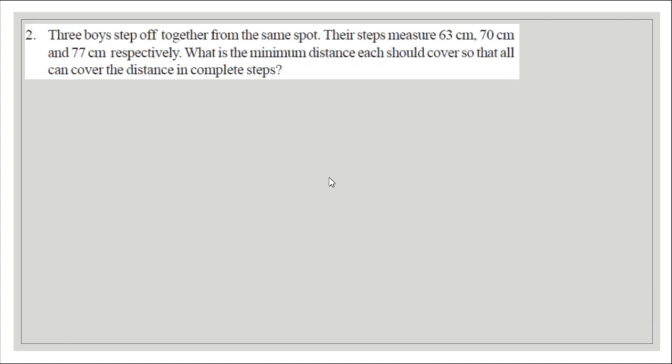Let's see the second question. 3 boys step off together from the same spot. Their steps measure 63 cm, 70 cm and 77 cm respectively. What is the minimum distance each should cover so that they can cover the distance in complete steps? Here, this is a question related to the least common multiple.